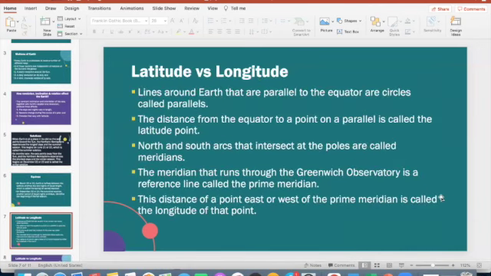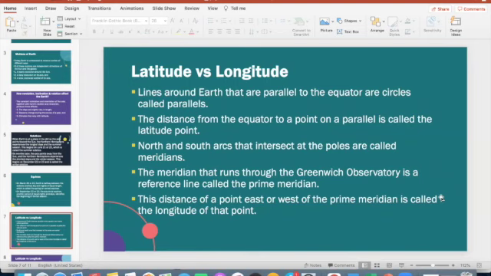All right, so to differentiate between latitude and longitude: the lines around the Earth that are parallel to the equator are circles parallel to the equator. The distance from the equator to a point on that parallel is called latitude.